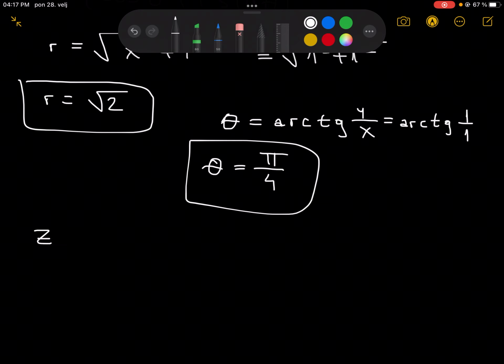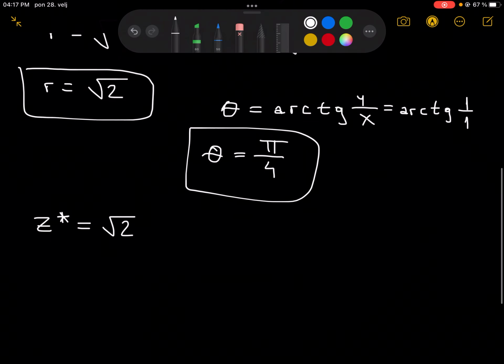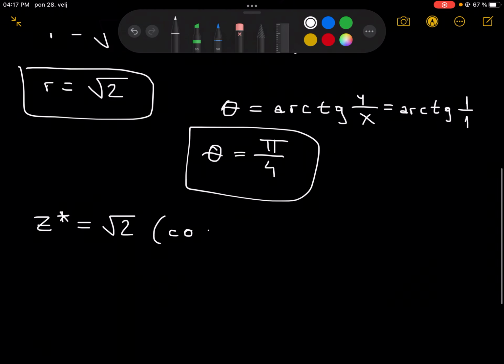So that means that our z asterisk is equal to the square root of 2 times cosine of pi over 4 plus i times the sine of pi over 4.